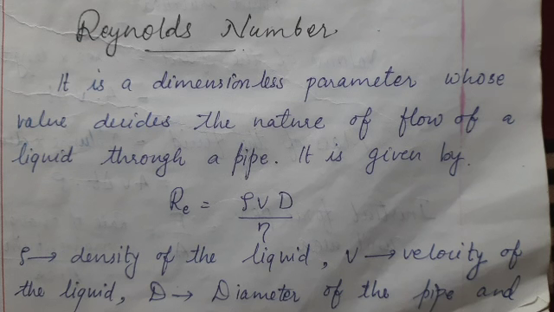So, depending on the critical velocity, the fluid motion can be streamline or turbulent. This critical velocity depends on the density of the fluid, the diameter of the pipe, and the coefficient of viscosity.